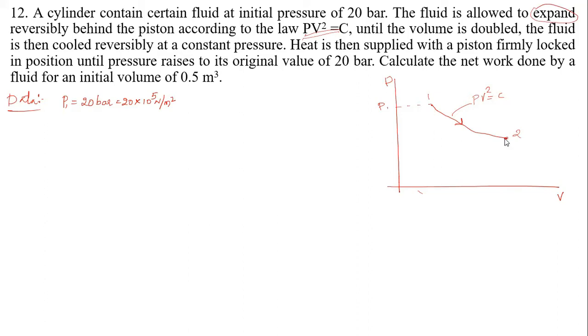This is state 2. Change of state from 1 to 2. This is the first process, which is a polytropic process, which is a curve.